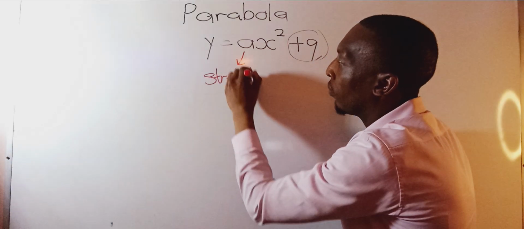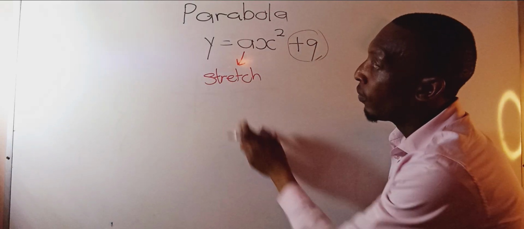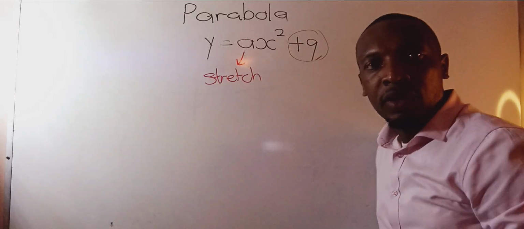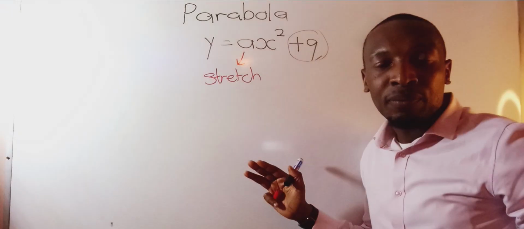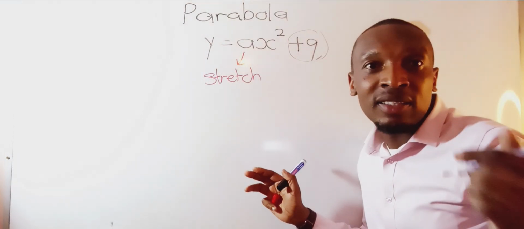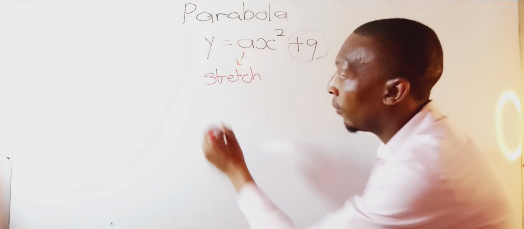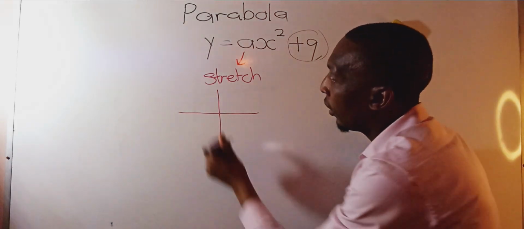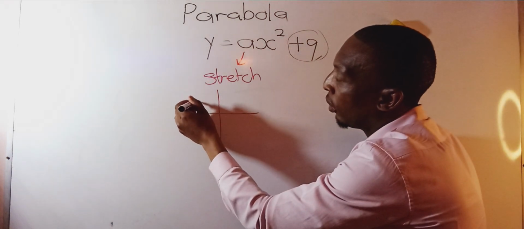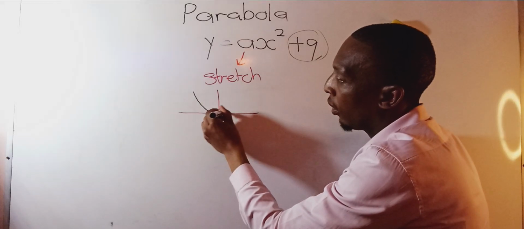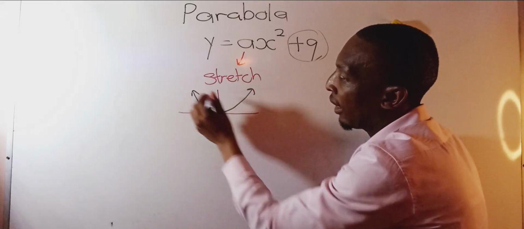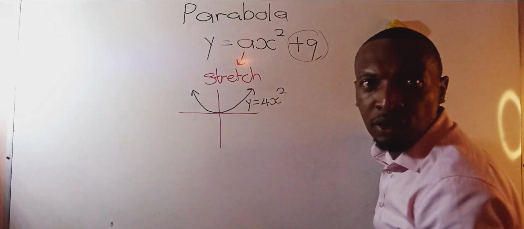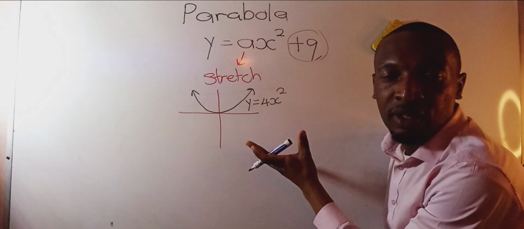In other words, if this number is big, let's say it's a 4, the graph will be wider than when the number is a 2, for example. Let's say it looks like that. Let's say this is y = 4x². That's what the graph looks like. I'm just making an example.